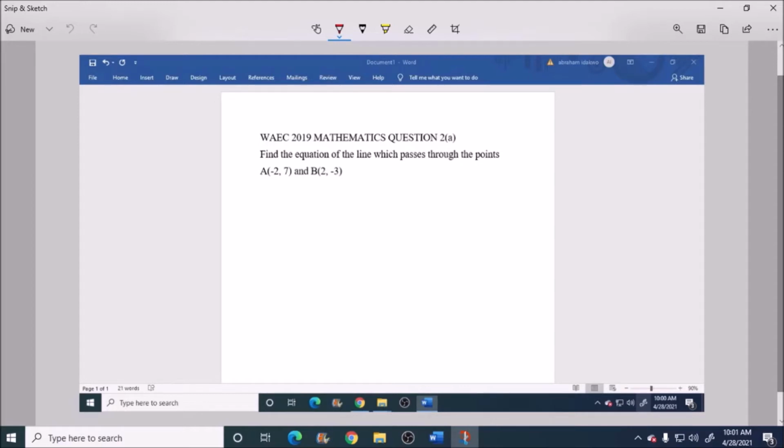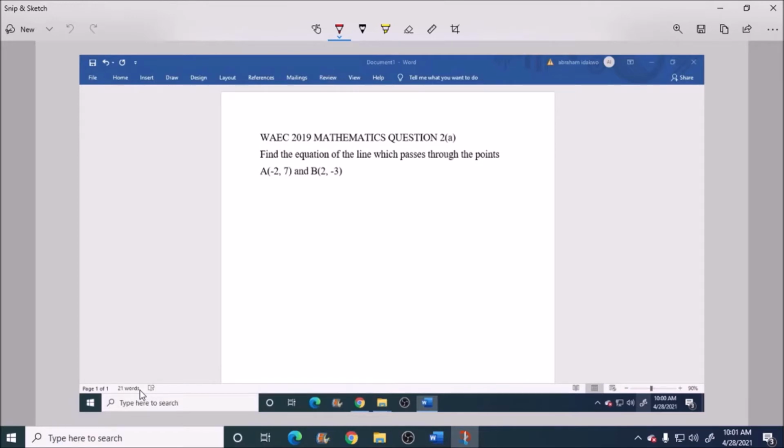The question says, find the equation of the line which passes through the points A minus 2 and 7 and B 2 and minus 3.